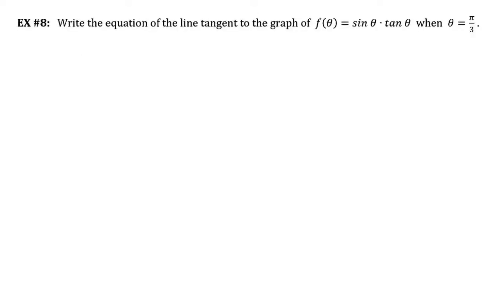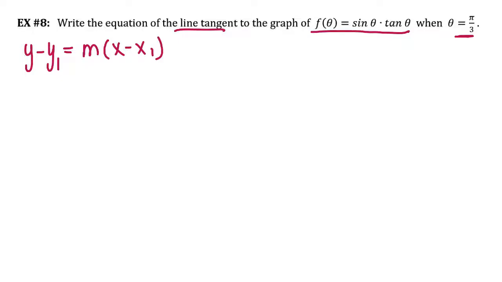Okay, for our last problem, we're going to write the equation of the line tangent to the graph of this when theta is pi over 3. So again, when we see something like that, keep in mind we need y minus y1 equals your slope times x minus x1. So what you need to do is go ahead and figure out, well, what values do I have? Now, in this case, you can think of theta as your x1.